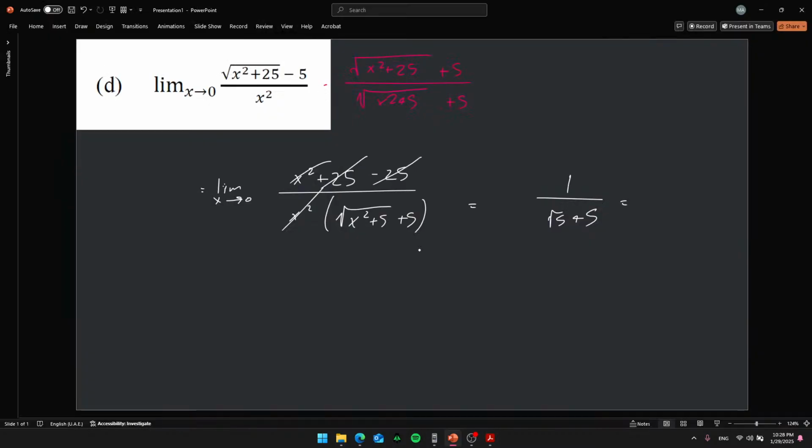Oh, plus 25, sorry, plus 25. There is a 2 here. This explains a lot. 5 plus 5, which is 1 over 10. Yep.